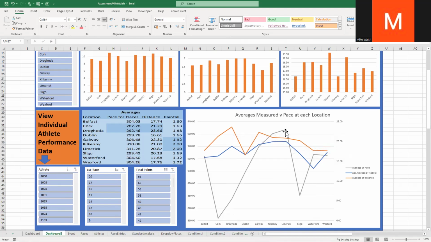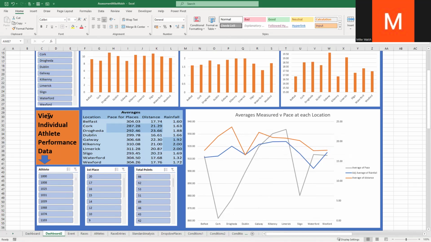That's interesting. And here, Galway, Kilkenny, and Limerick rain is quite tightly aligned, with high average rainfall, and the pace and distance are closely aligned there. That was interesting as well.